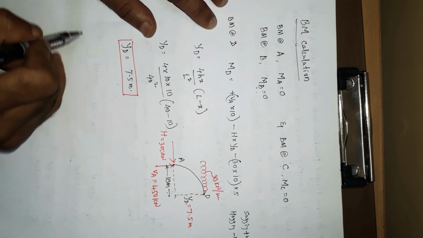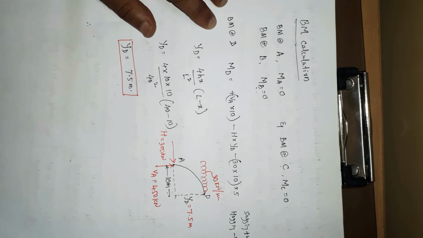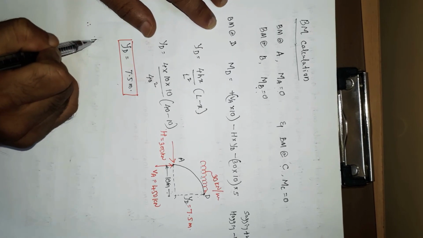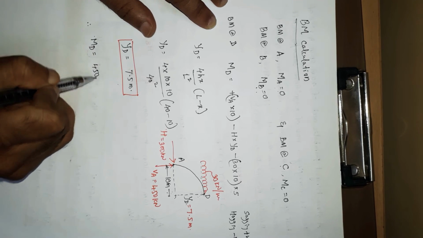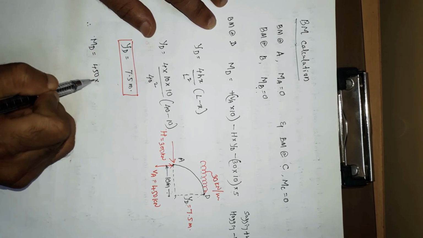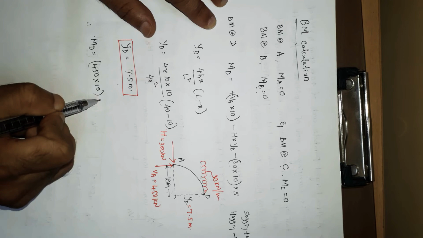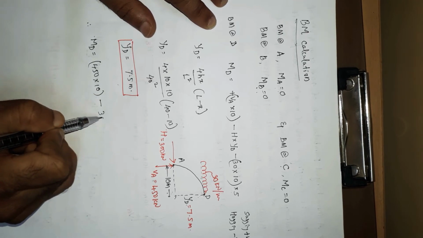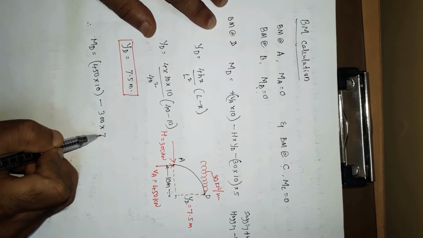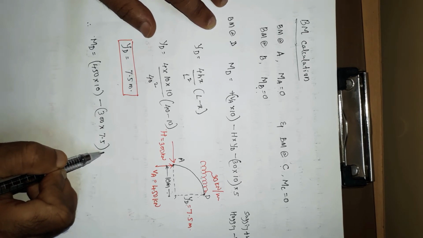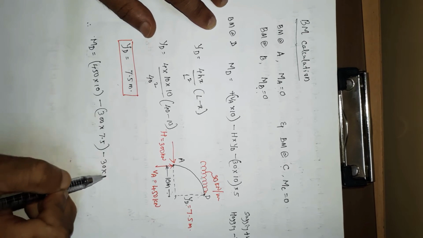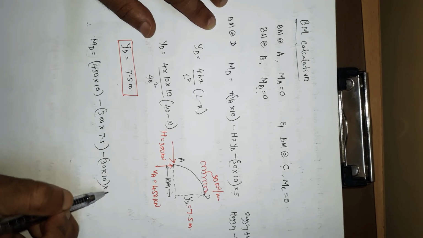Therefore bending moment at D is equal to VA, which is 450, into 10, then minus 300 into YD, which is 7.5 meter, then minus 30 into 10 into 5.